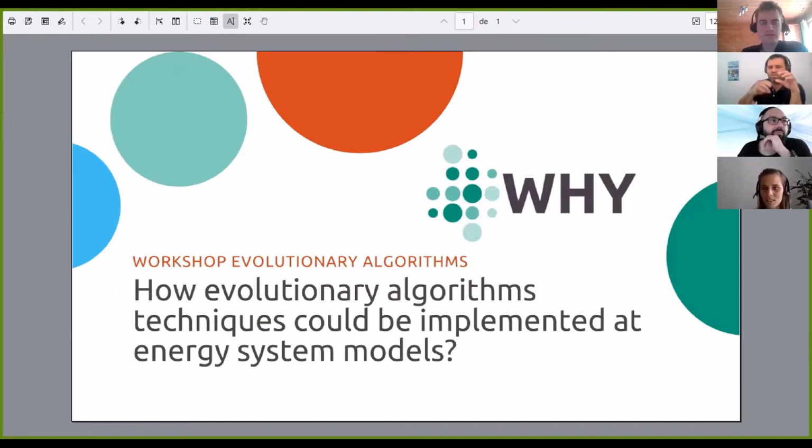Then we have 25 float parameters that are the technical parameters for each one of the technologies. So there are about 40 parameters that cannot be avoided. But then there are 700,000 parameters for the time steps.